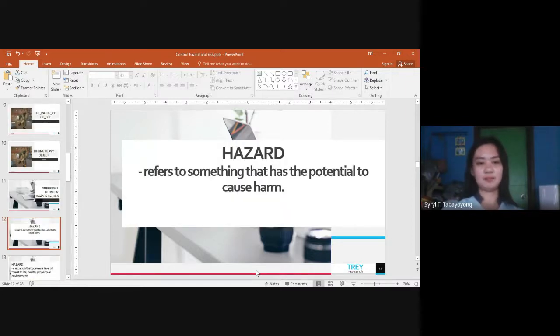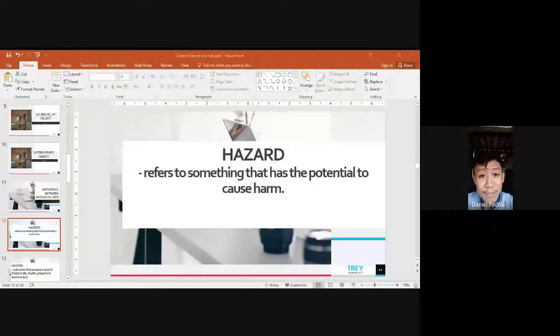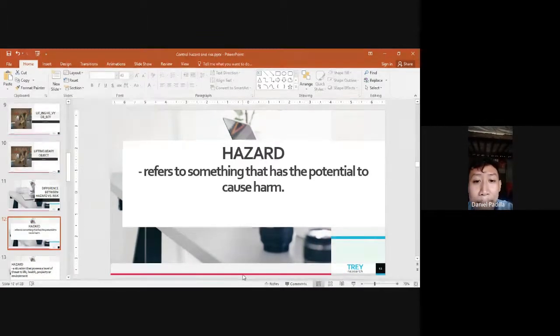Hazard. Hello class, good afternoon. Do you know what is hazard? Hazard refers to something that has the potential to cause harm. It means any substances, events, or circumstances can constitute hazards.